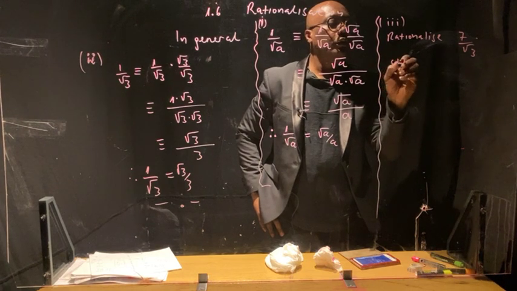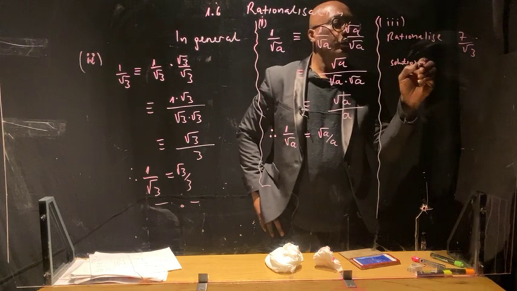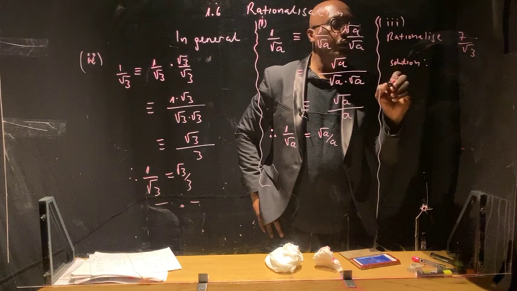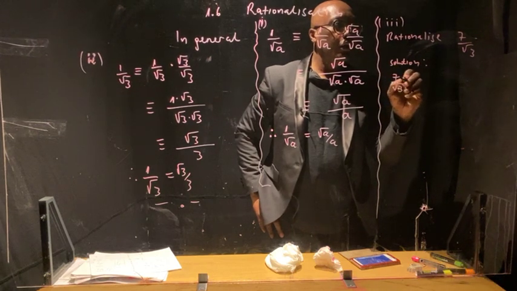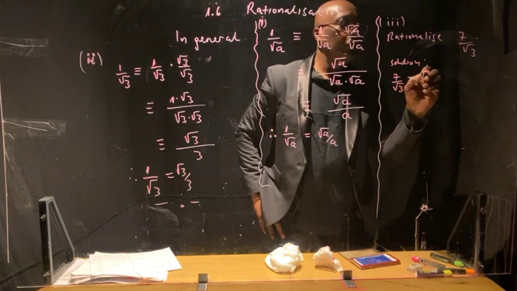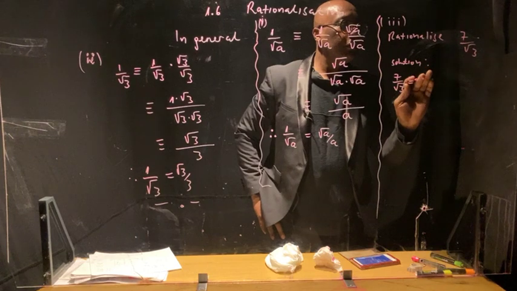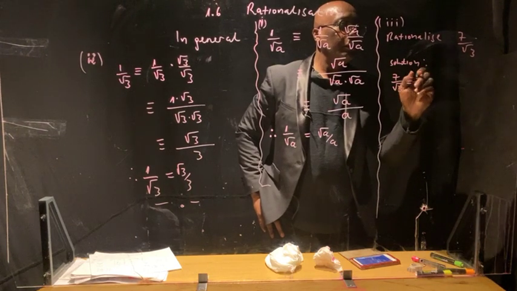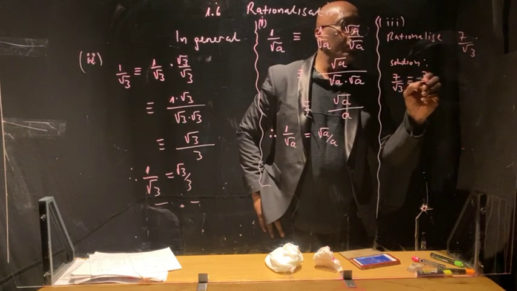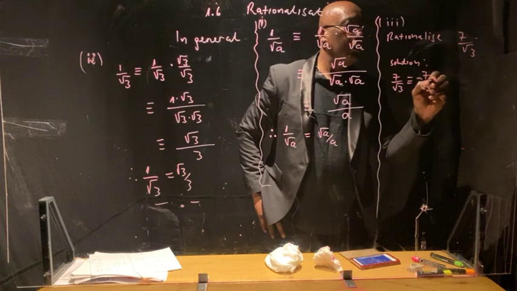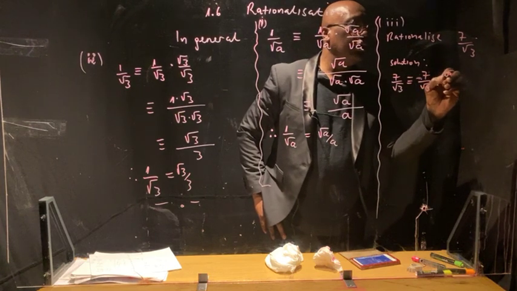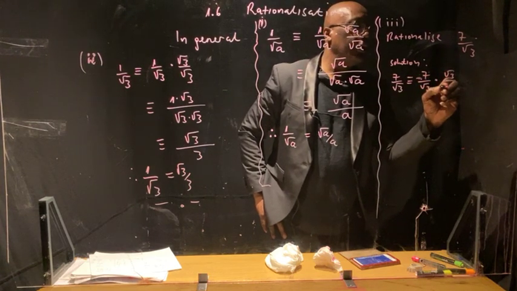Solution. 7 over root 3 is identical to 7 over root 3 multiplied by root 3 over root 3.